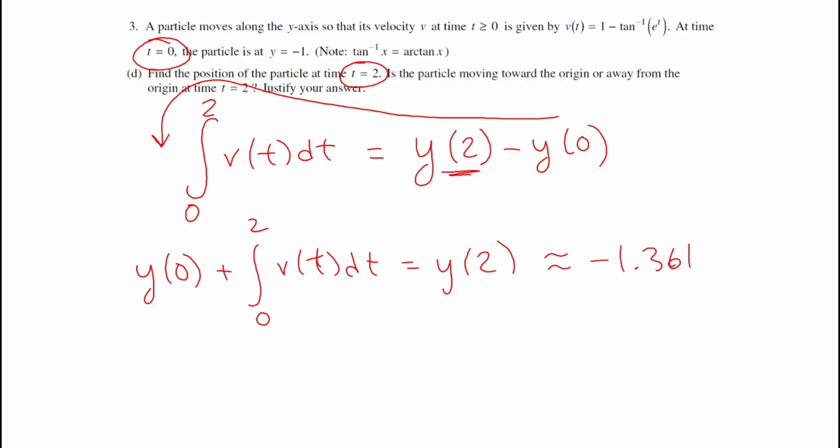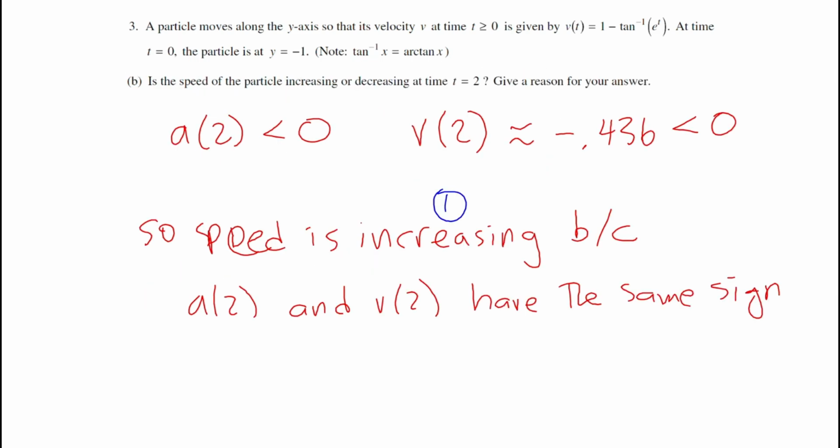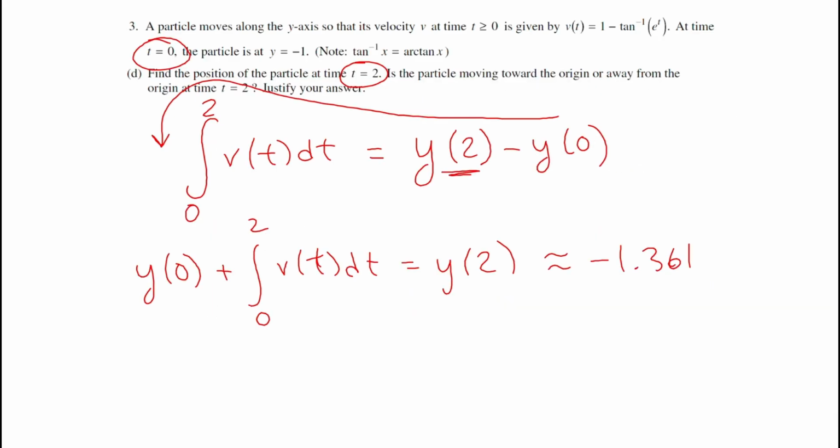And we already knew that the velocity at 2, if we go back to part B, our velocity at 2 was negative. And so if our position is negative and our velocity is negative, we must be moving away from the origin. So we can say it is moving away.